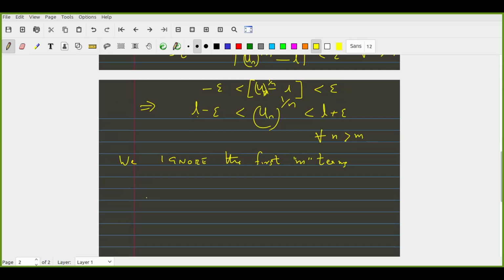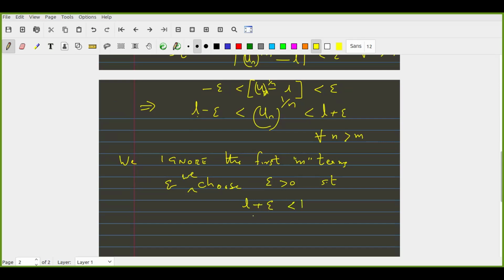So ignoring the first m terms, and because it's true for all epsilon, we choose epsilon greater than 0 such that L plus epsilon is still less than 1.